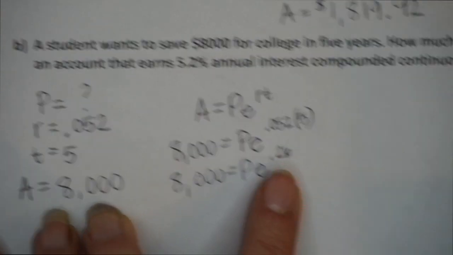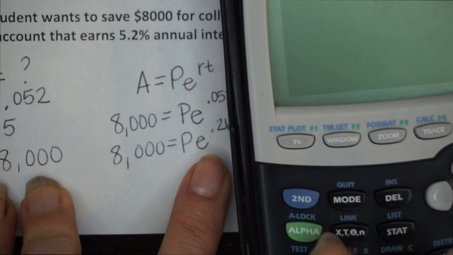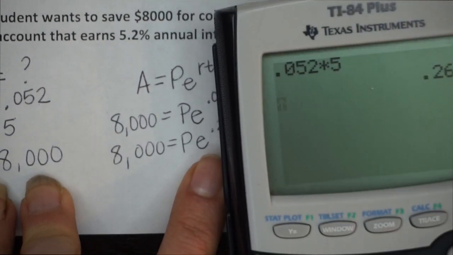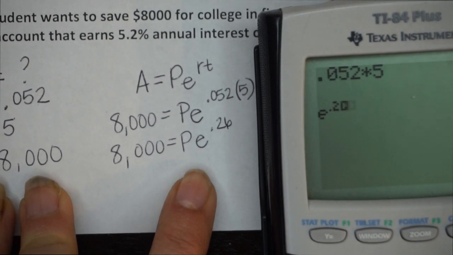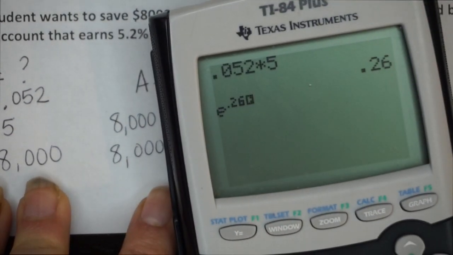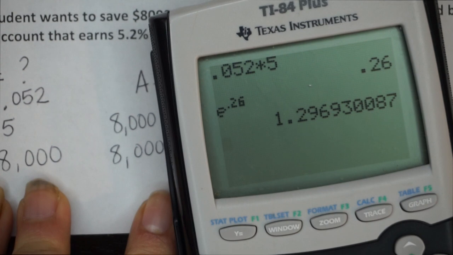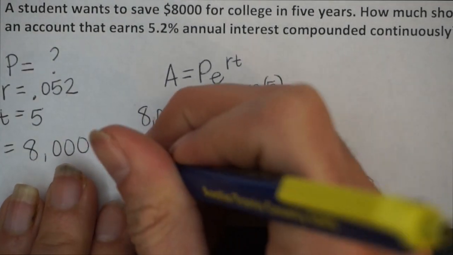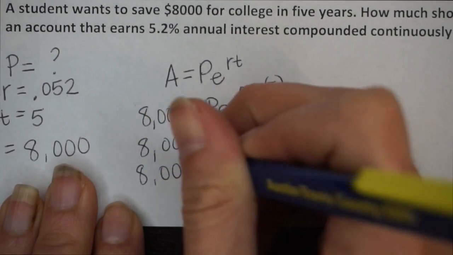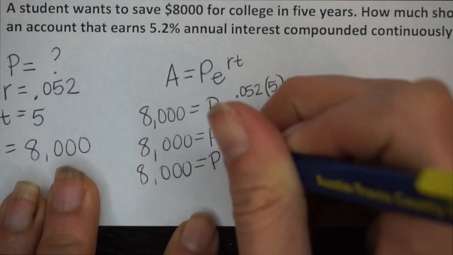Let's do E to the 0.26 power. So I do my second, my LN button, E to the 0.26, press enter. That is about 1.297.